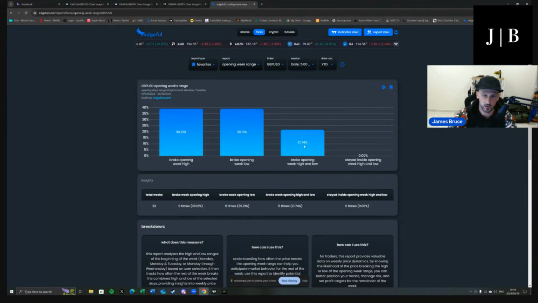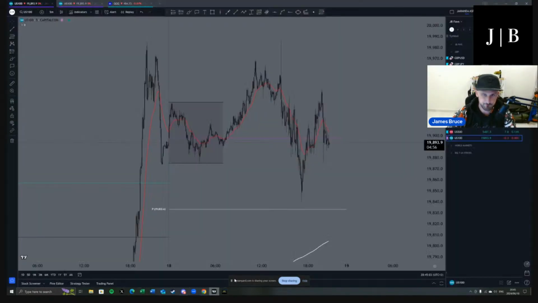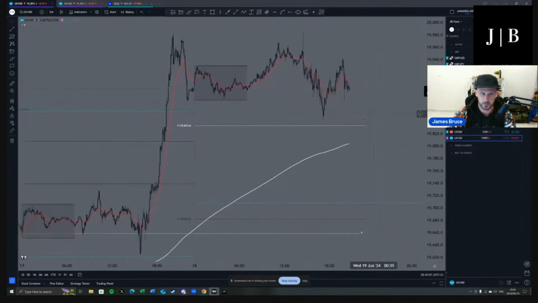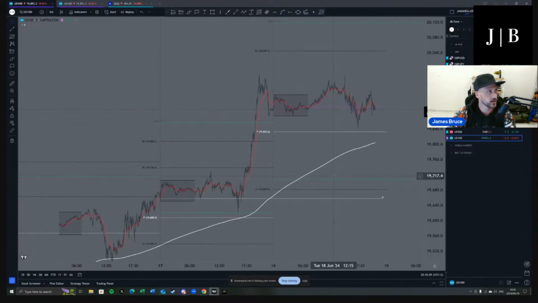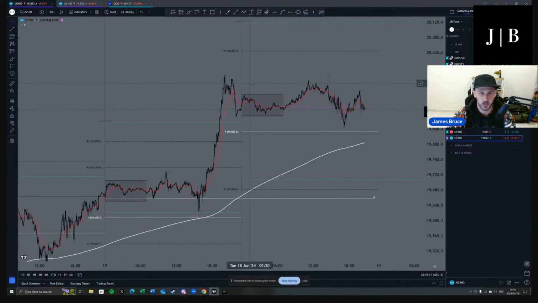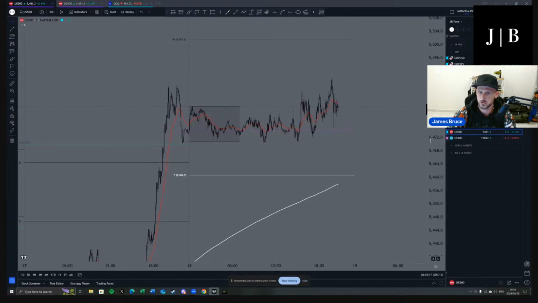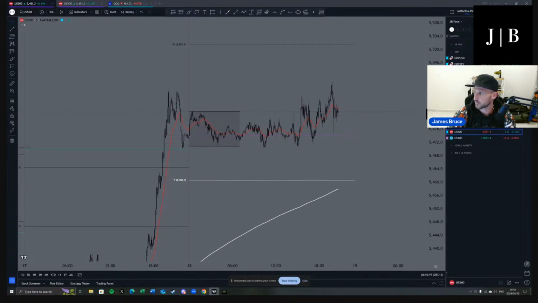GU, only 21% of the time, once we break one side, do we break the other side. So yeah, great odds there. So yeah, we'll see the indices. I'm not surprised that they're chopping today after reaching all-time highs on the NASDAQ, almost reaching, actually, 20K. So very, very interesting to see heading into, obviously, the bank holiday tomorrow.